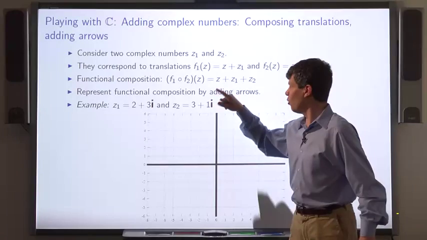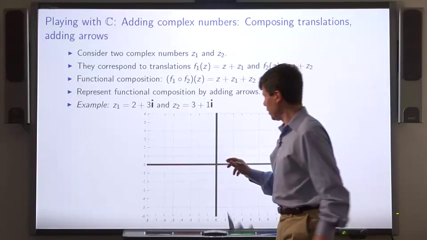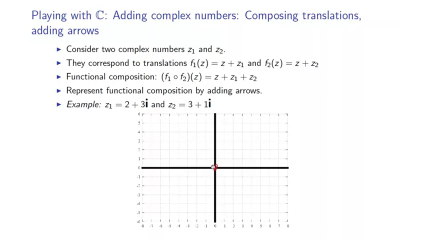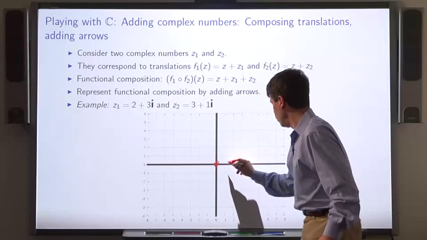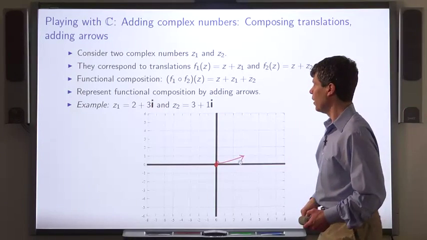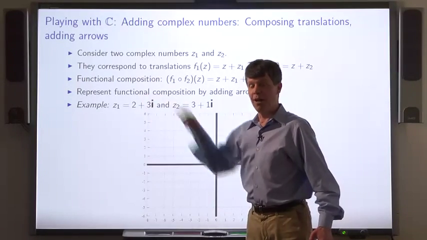Let's say we're first going to apply F2. So that takes a point. Let's start with the origin. And translates it 3 units to the right and 1 unit up. 1, 2, 3, 1. So that goes here. Next, we'll write down the arrow representing this complex number.